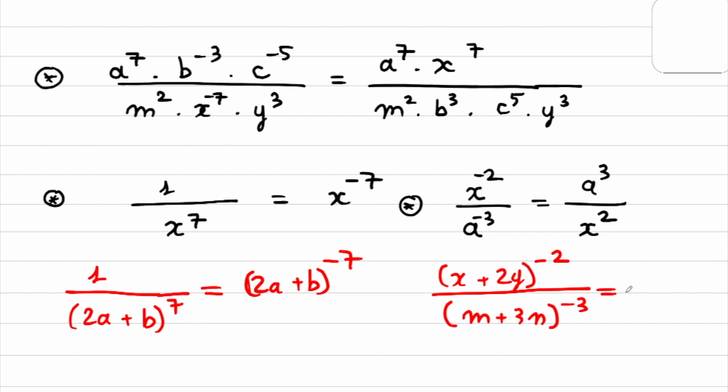So this is the index of an expression. The same idea as with the variable on top: you will get m plus 3n to the power of q like here, and then you will get x plus 2y in the denominator like this one.